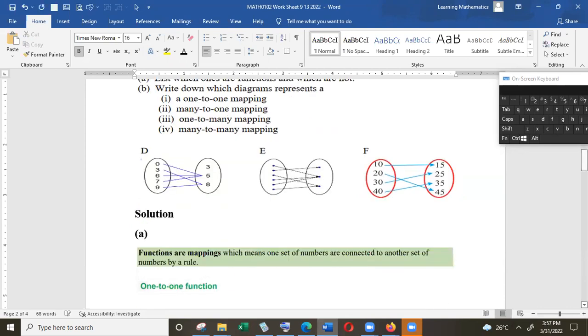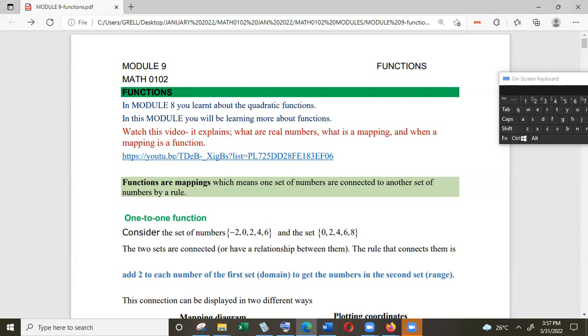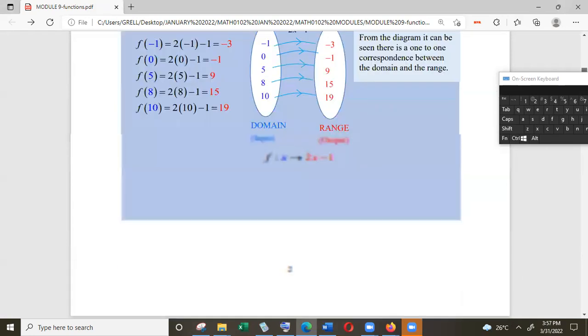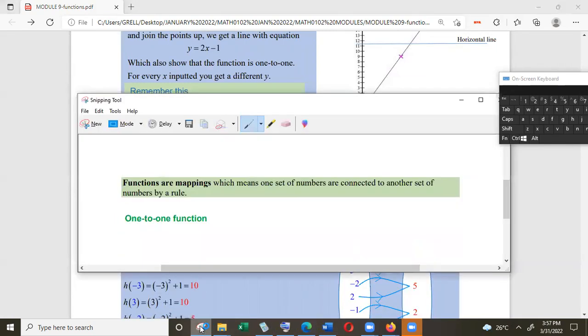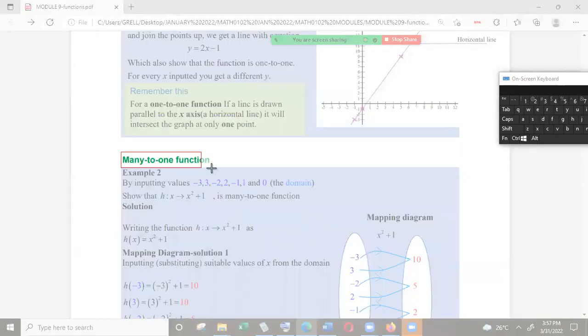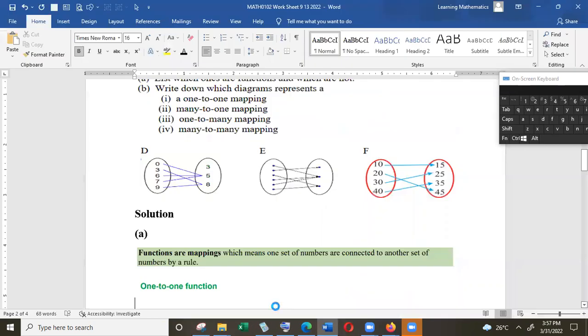The ones that are functions are one-to-one and many-to-one mappings. All right, bear that in mind.